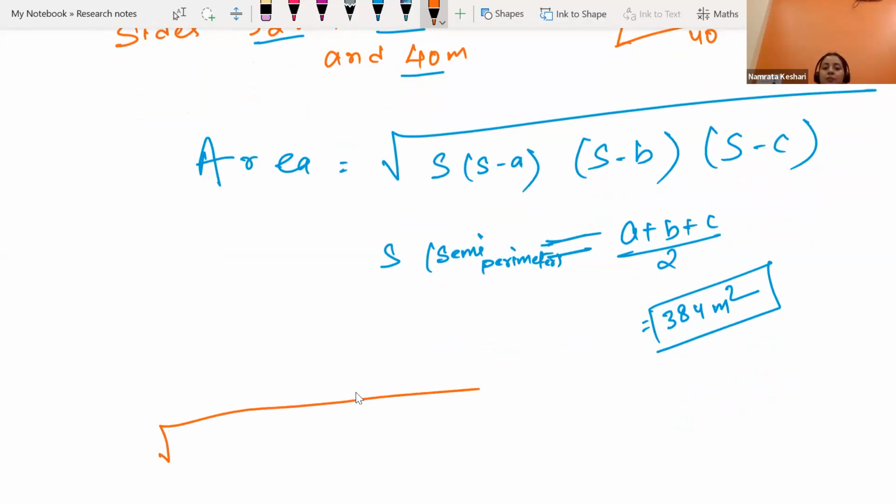We must not multiply them. We must try factorizing them more so that we can check which numbers are in pairs and which are not. The numbers which are not in pairs will stay inside the root, and the paired numbers will come out of the root. First, you do it.